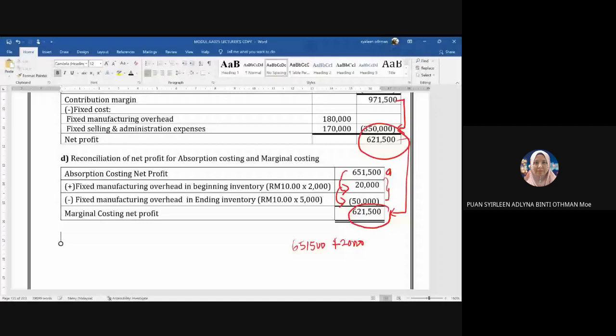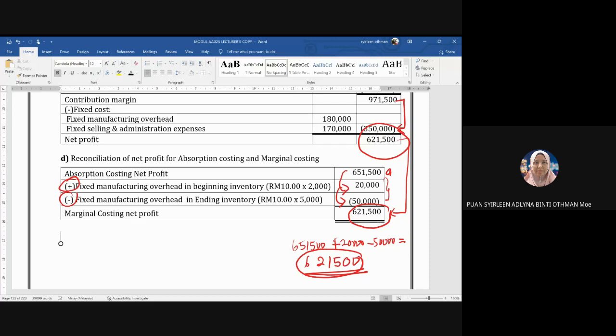Kita akan dapat 621,500. Okay, ini yang kita maksudkan reconciliation. So you nampak actually I can get back the same figure as long as saya tambahkan dua item ni, which is the fixed manufacturing overhead in your beginning inventory and your fixed manufacturing overhead in your ending inventory.